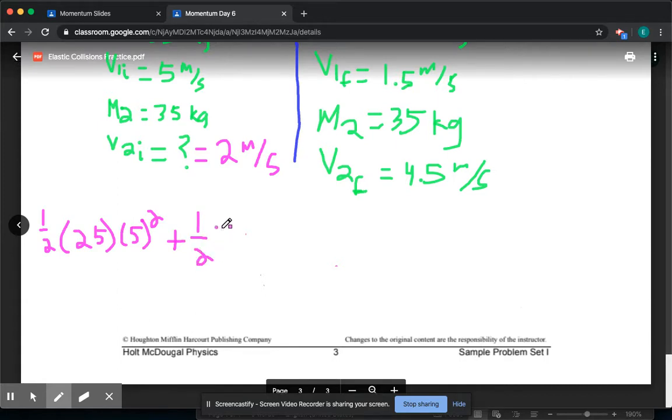Our M2 is 35, times, what did we get? For V1, yes, V1 would be 5, and this should be 2.